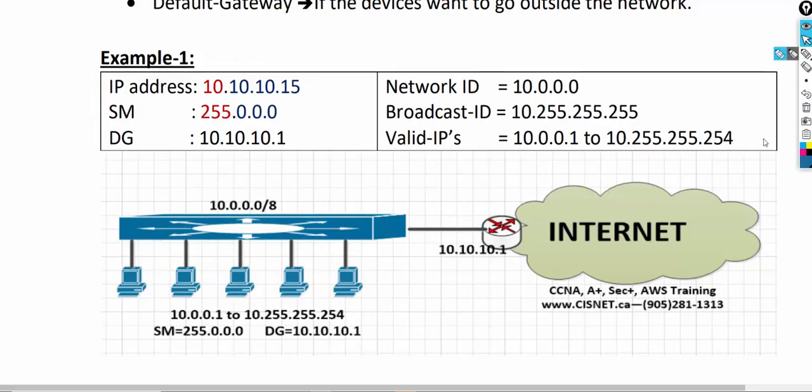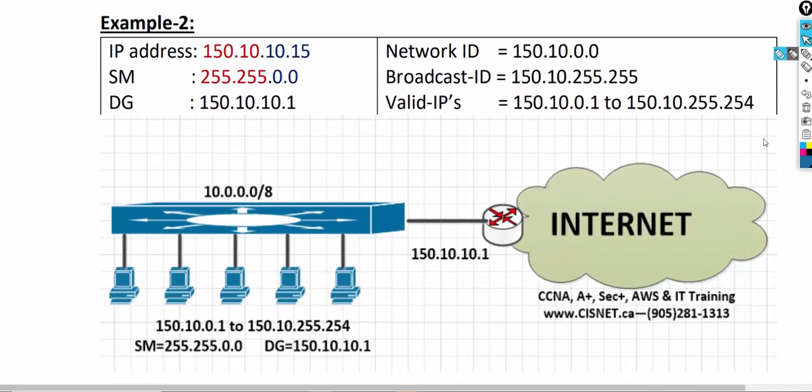Example number 2 is the last section before we start the new video session. By looking at the first number, we know it's a class B because it is in the range 128 to 191. The default subnet mask is 255.255.0.0. The default gateway should be the router IP address.